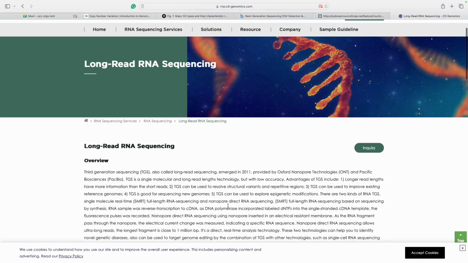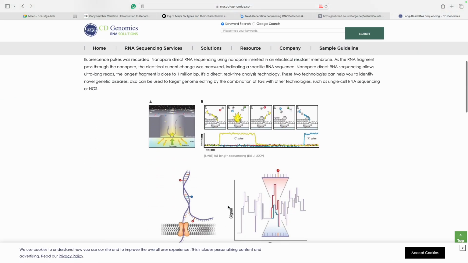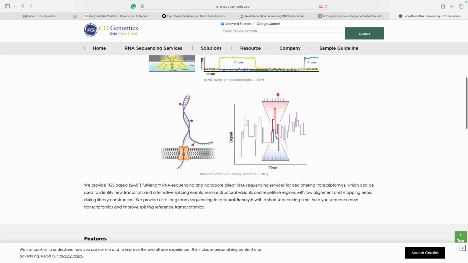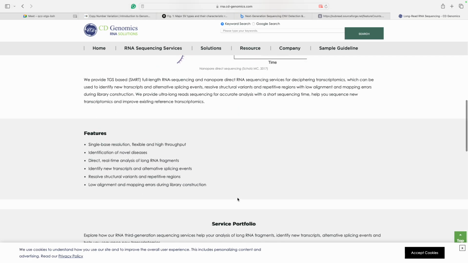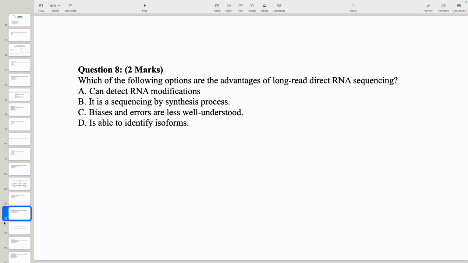So long read, SMRT is also given here. Okay. Basically, long read RNA sequencing is done by Oxford Nanopore, and here we directly detect the change in the current signals when we pass our genome, or here RNA, through the nanopore.